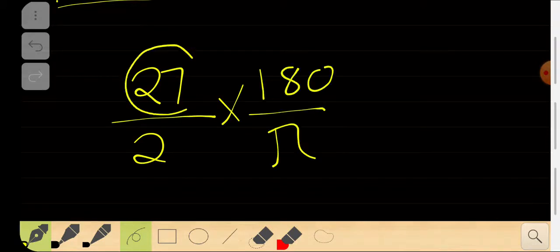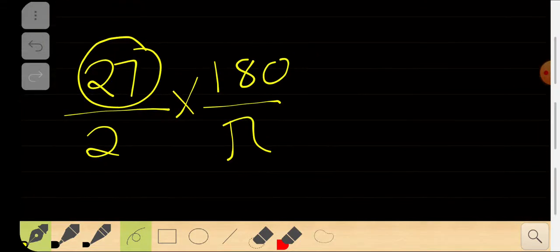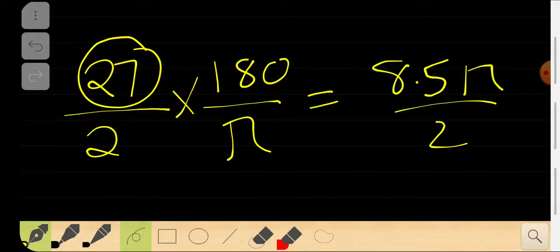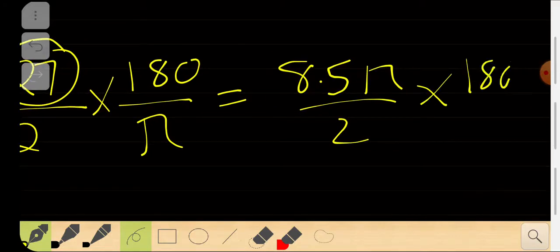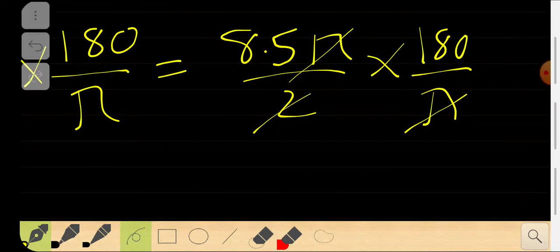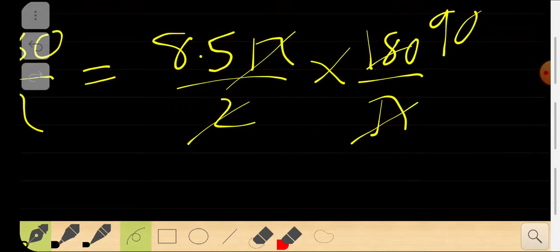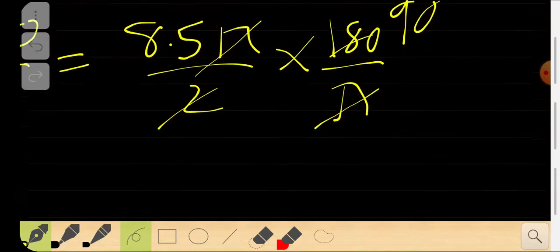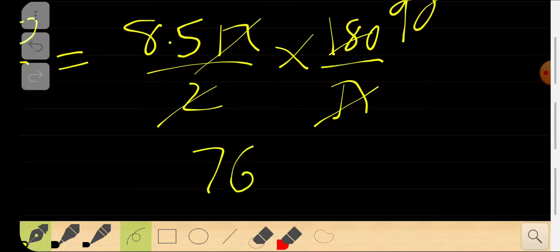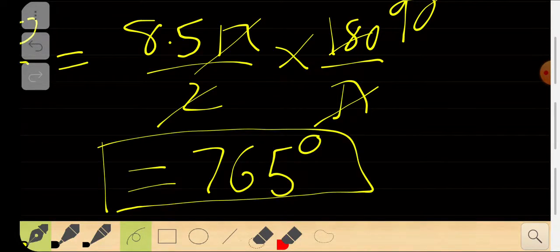You can write 27 as roughly 8.5 times 3.14, which is pi. So you can write it like 8.5 times pi by 2 times 180 by pi, right? So pi cancels and you get 8.5 times 90, which is around 765. So 765 degrees. Okay, that's the rotational angle.